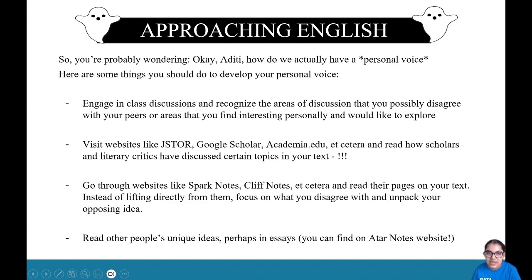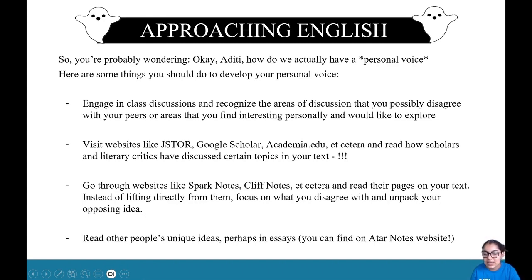And then find those ideas, raise your own points, and having that discussion can be so helpful. So my first key advice is to always participate in class discussions, especially when you are deconstructing a text, when you're talking about ideas. It just really helps you with your own personal voice, with your own ideas.